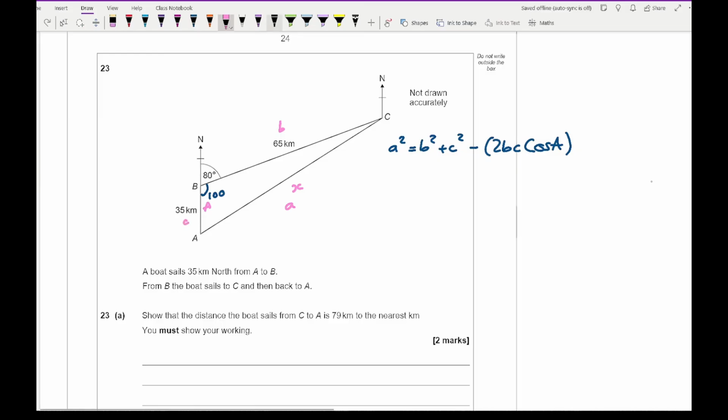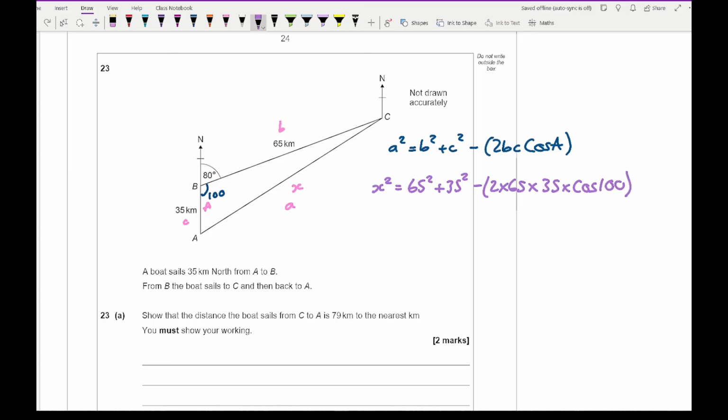So substituting those values in, I've got x squared equals 65 squared plus 35 squared minus 2 lots of 65 times 35 times cos of 100.